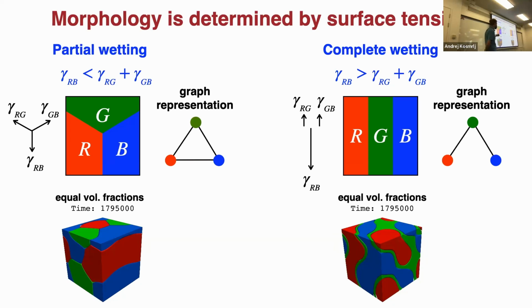So we have a fully connected graph. But for the complete wetting case, red and blue are not in contact with each other. So we have a missing link, but they're still in contact with green, right? And every time you see these graphs, we can also invert them to the inequalities for surface tensions if needed. I'm also going to comment on the volume fractions. So here in the simulations on this slide, I had equal volume fractions of all the 3 phases.